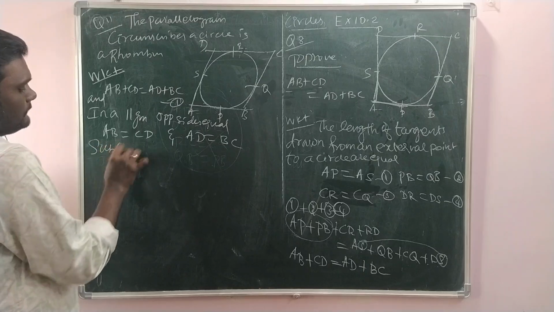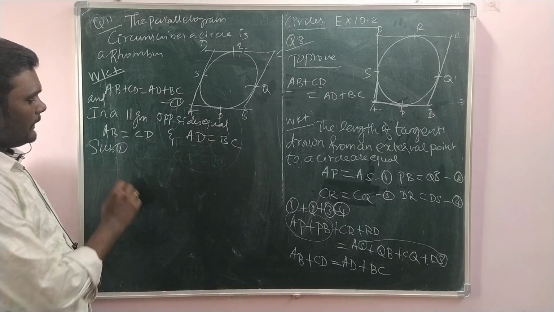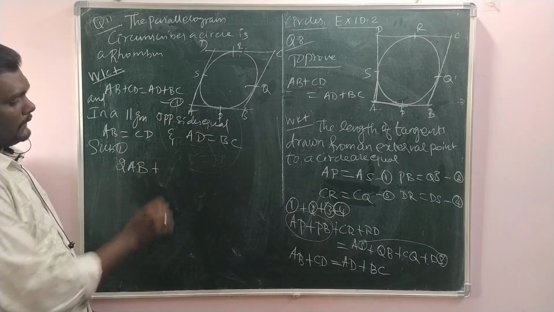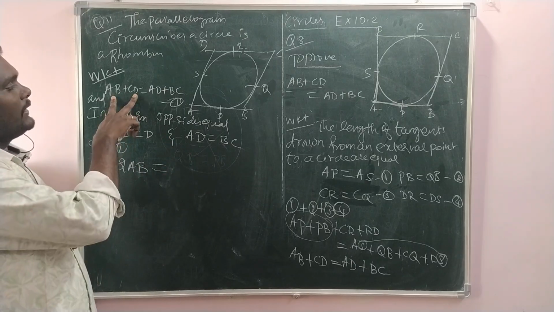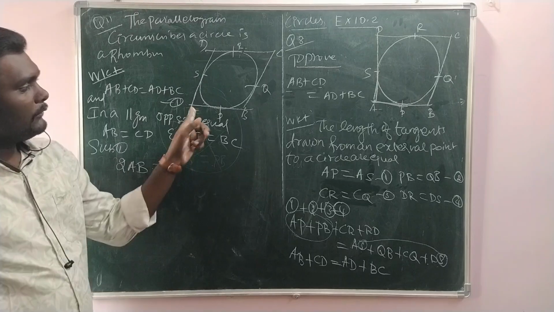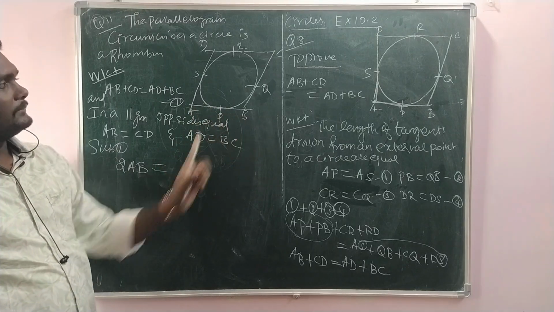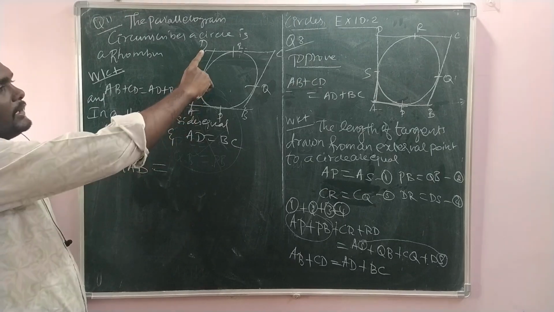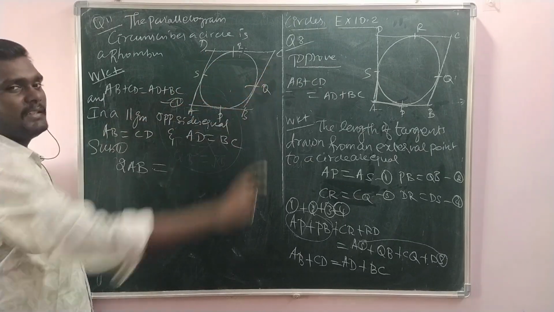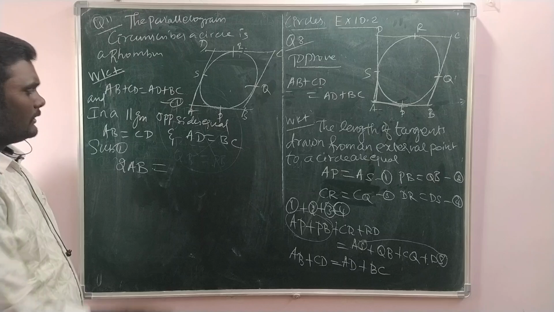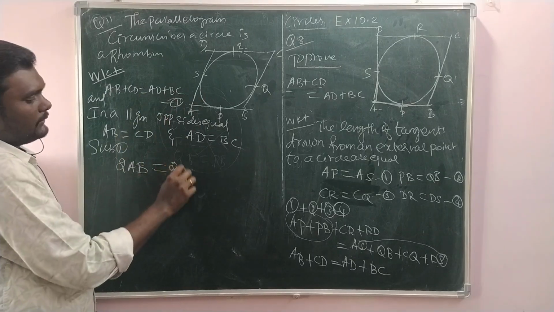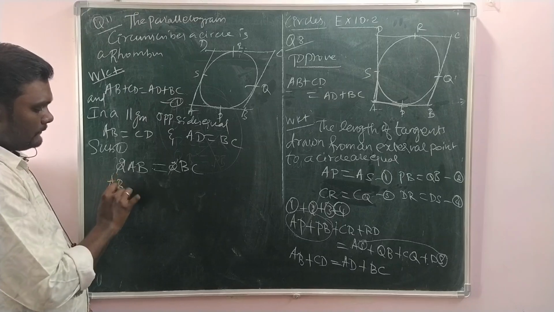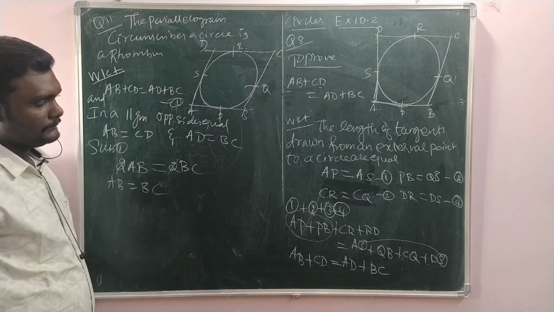Substitute that in 1. Then we get 2 times AB is equal to, instead of CD I substituted AB. Now which is the adjacent side for AB? Either AD or BC. 2 times BC I am writing. The 2 gets cancelled. We get AB is equal to BC.